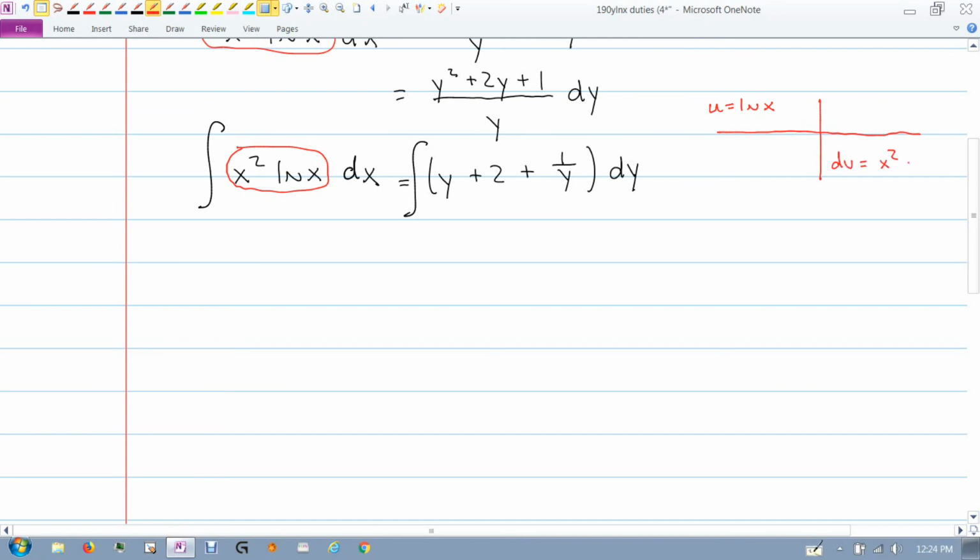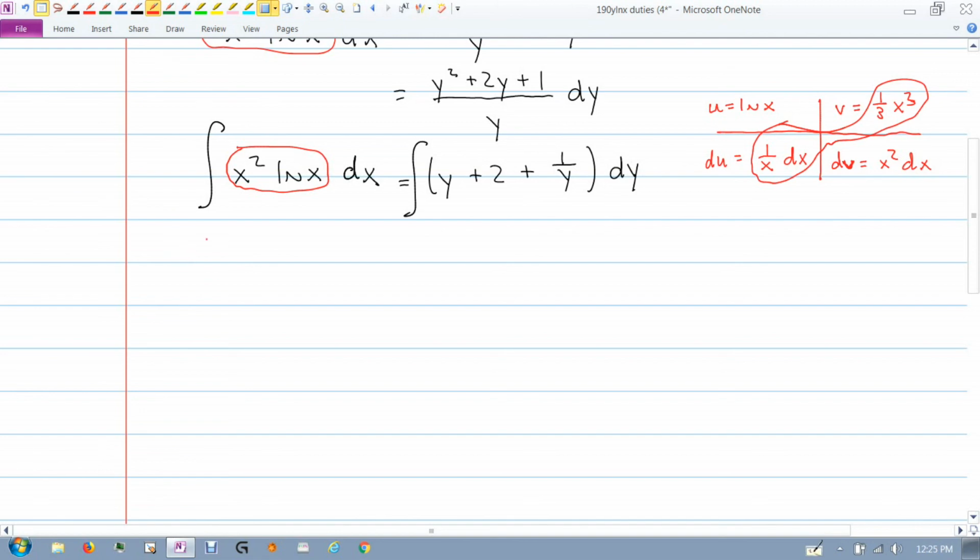If I put the x squared dx here as my dv, my v looks like a u, then the antiderivative of that is 1/3 x cubed. But on du, the derivative of natural log of x is 1 over x dx. That's good because when I put these together in the new integral, those x's are just going to cancel. You'll have a 1/3 x squared.